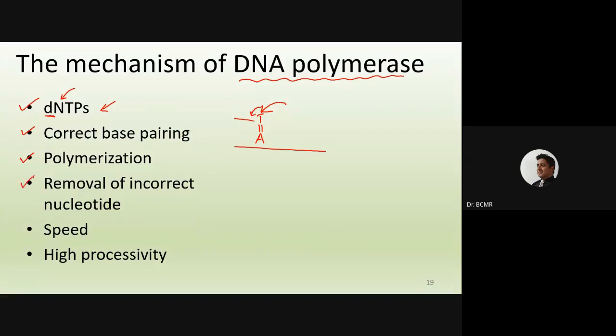If there is a mistake, if a nucleotide was wrongly incorporated, it should be removed. And it should do all this very fast. The genomes are usually huge, so replication should be very fast. Then we will also discuss high processivity.